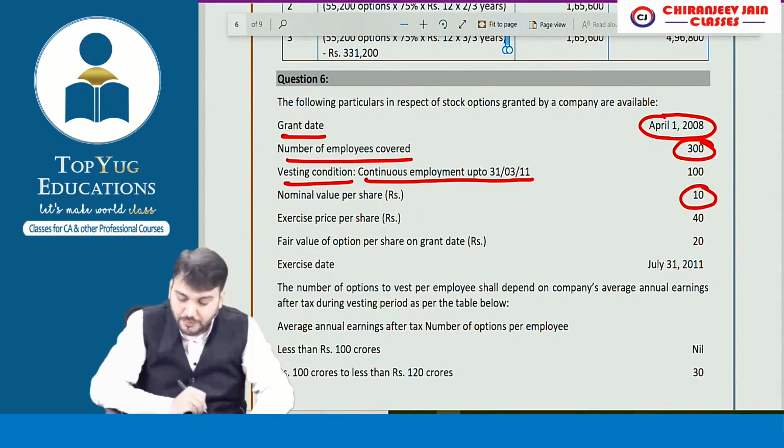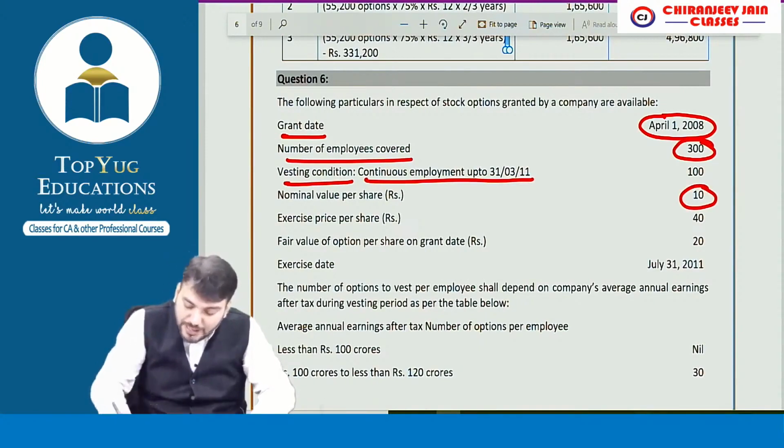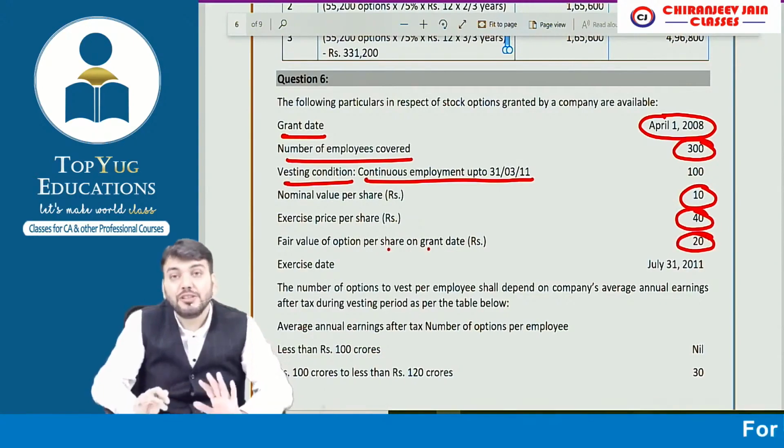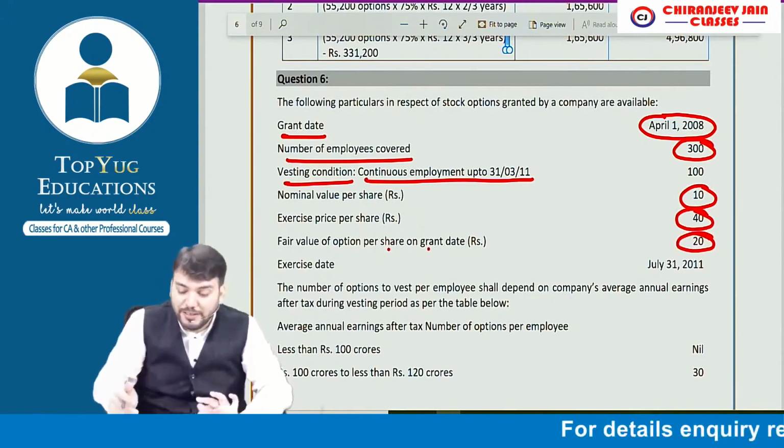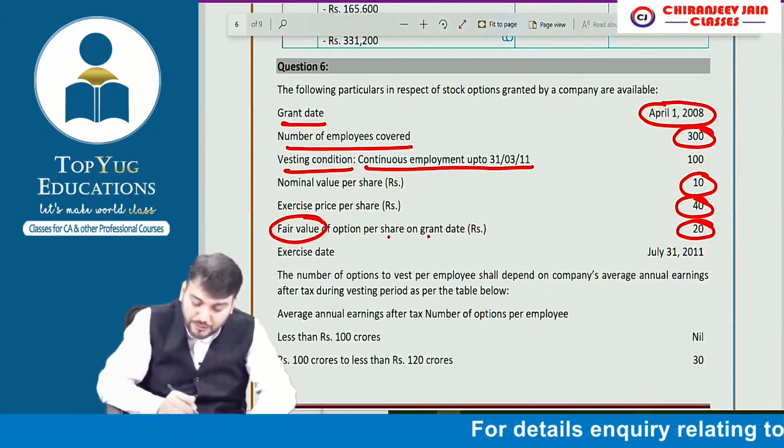Nominal value per share is 10. Exercise price per share is 40. Fair value of option per share on grant date. Oh, fair value has been given. So in this question check, market price is not given at all. Even if given, you would not calculate intrinsic value because they have given fair value.